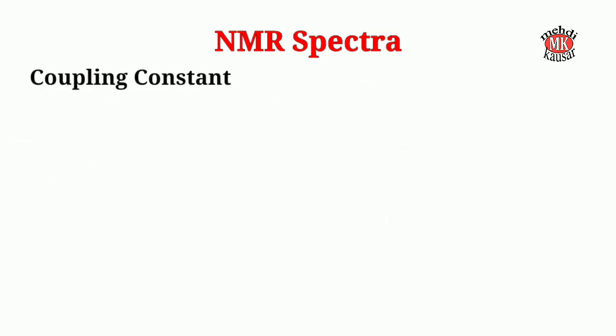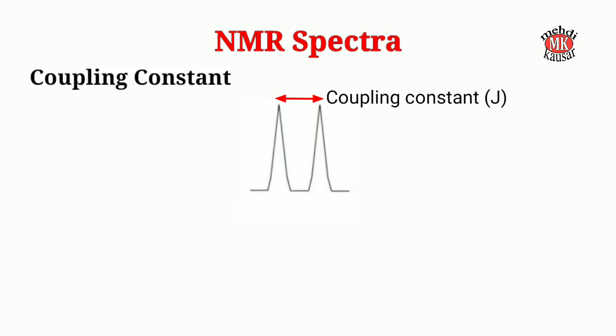Our next topic of discussion is coupling constant. The spacing of the lines in a multiplet in NMR spectra is known as the spin-spin coupling constant. It is denoted by J. Its value is expressed in terms of frequency. The values of J are independent of the magnitude of the applied field strength.